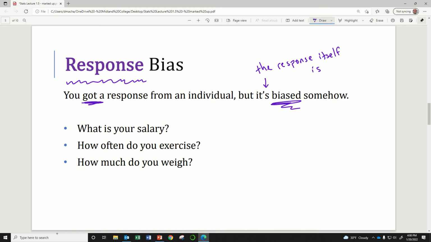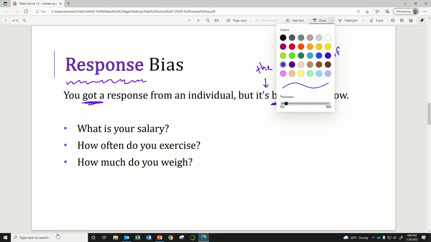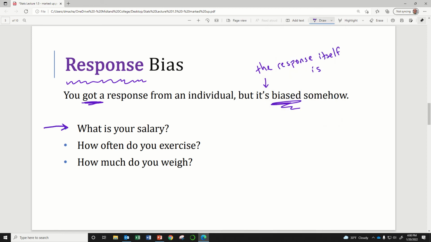So, for example, there have actually been studies, I believe, that show this, that just psychologically, if you choose to ask somebody what is your salary, people will generally inflate their salary when asked, right? So maybe someone actually makes, let's say, $40,000 a year, but if you ask them just point blank, what is your salary?